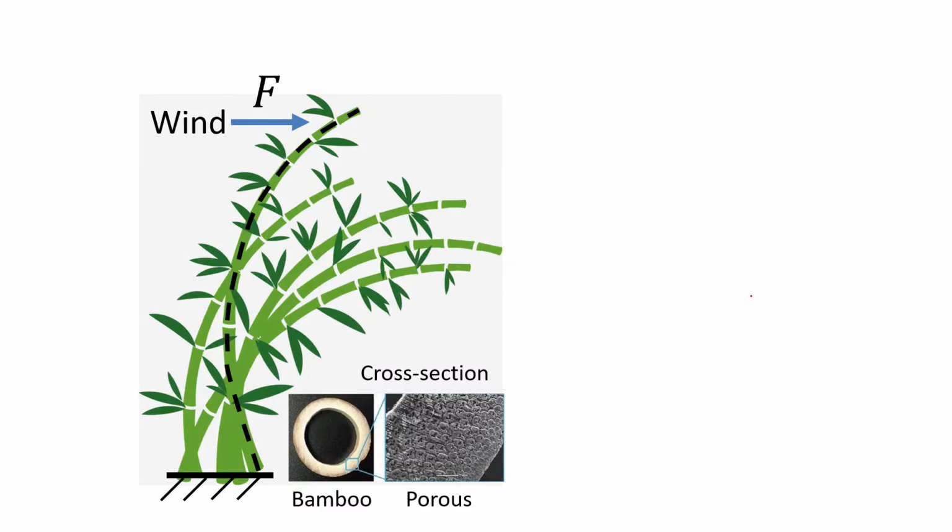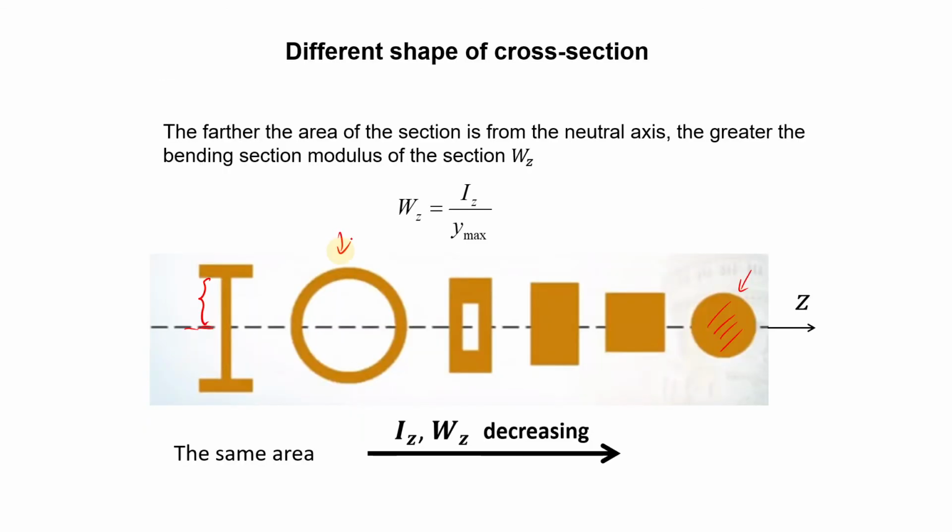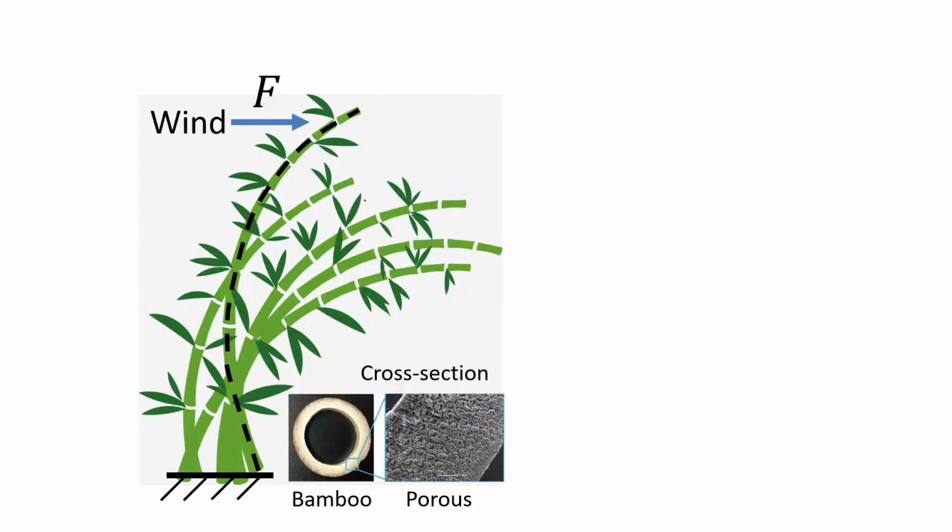That's why, when we look at natural materials, such as bamboo, so slender, the bamboo can grow very high and very slender, but still be very good at resisting bending loads such as the wind. The reason for that is it is using a circular ring configuration, the second best cross-section shape.